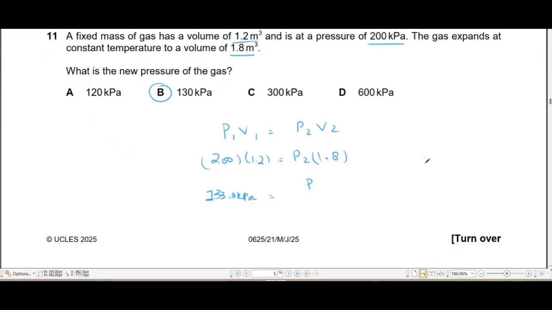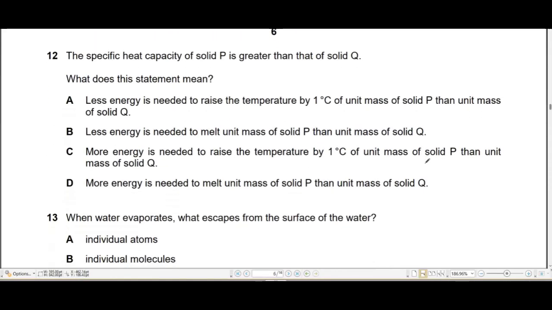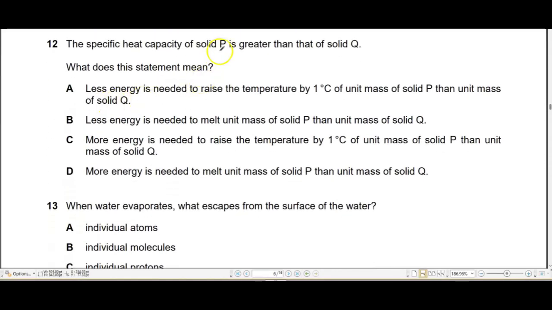Okay. Moving to question number 12. The specific heat capacity of solid P is greater than solid Q. What does this statement mean?